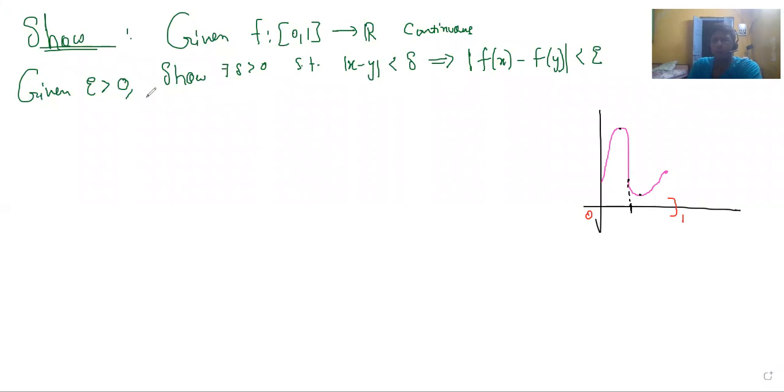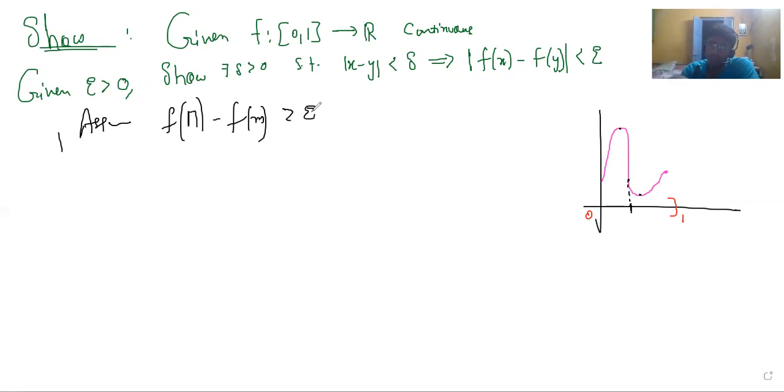How do you write it? So it can be something like this: the whole interval does not work because the maximum minus minimum is more than epsilon, so let's assume that, otherwise we are done.